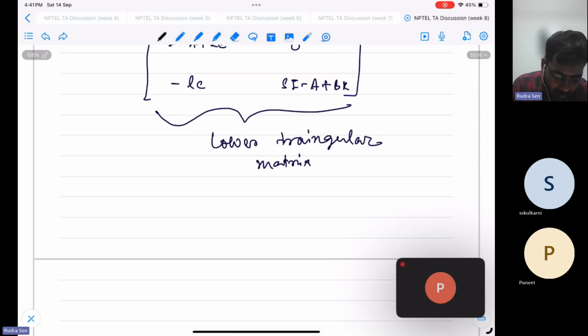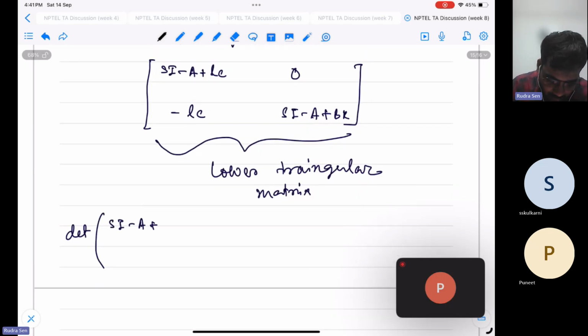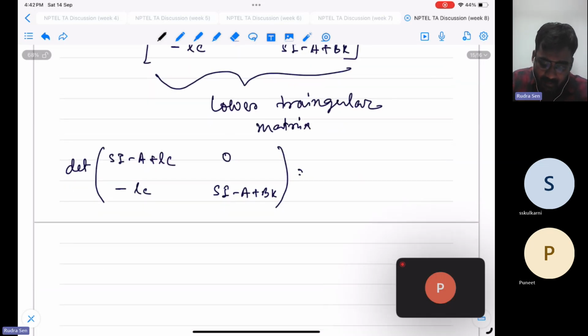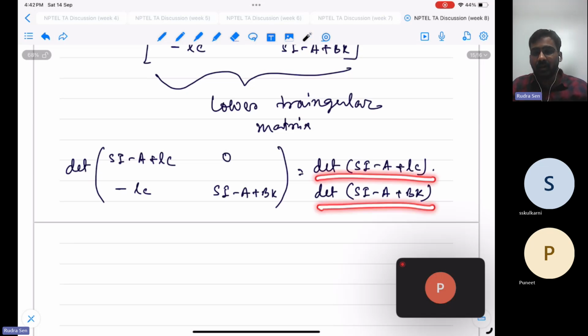That means the determinant is the determinant of sI minus A plus LC multiplied with the determinant of sI minus A plus BK, right? So that means we can design the controller gain and observer gain separately.